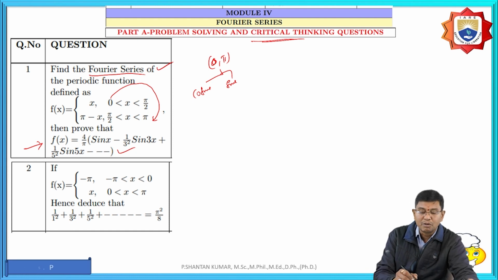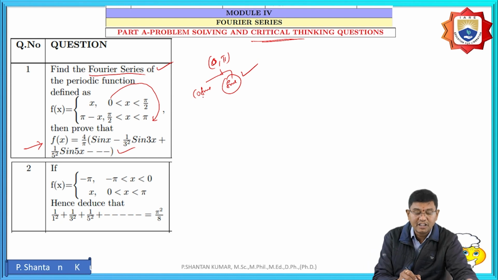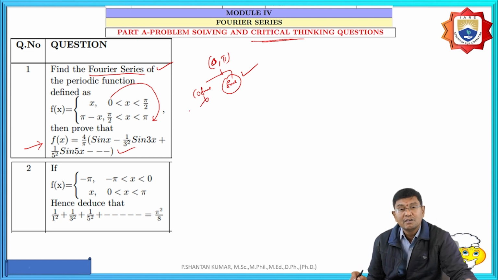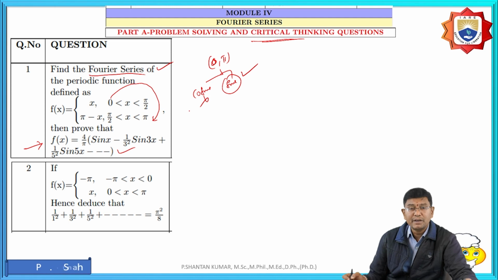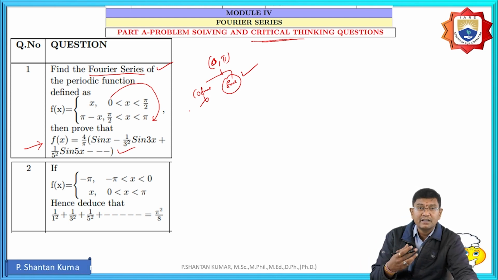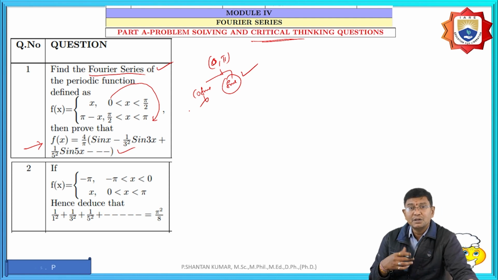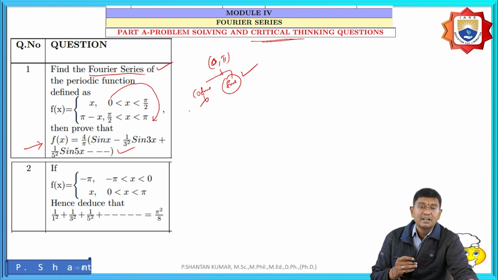That means you need to calculate the Fourier sine series, and we should not apply the Fourier cosine series. We need to identify logically that the series reduces to sine terms, therefore we find the Fourier sine series.